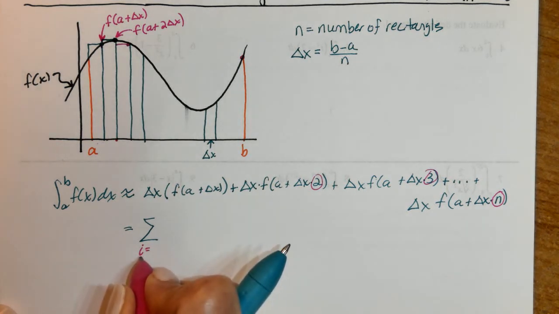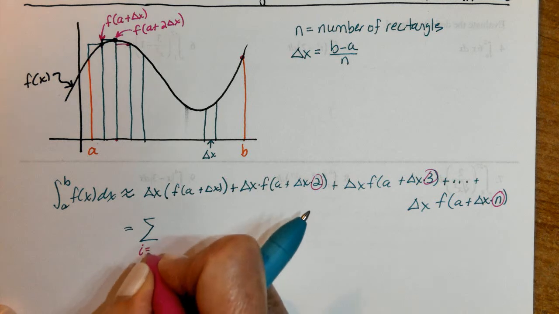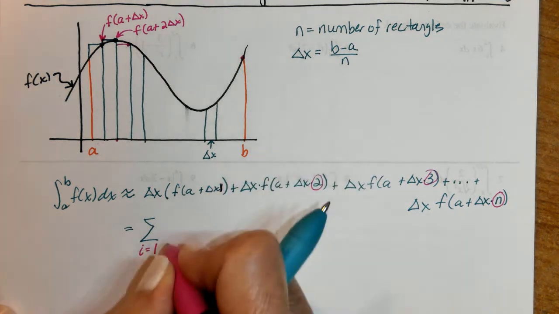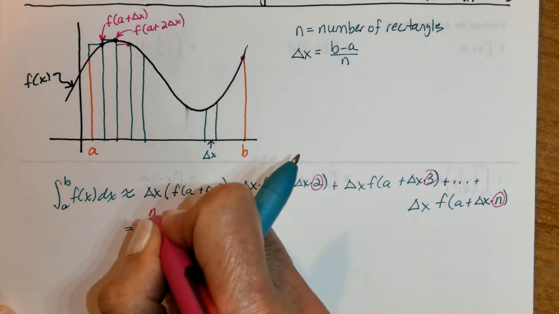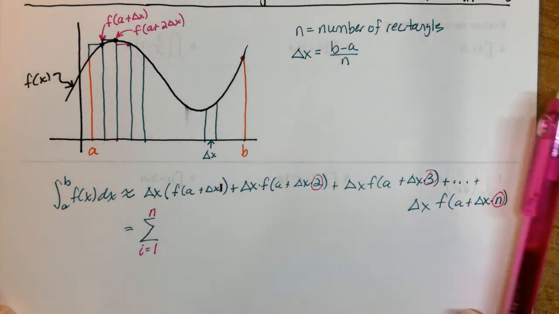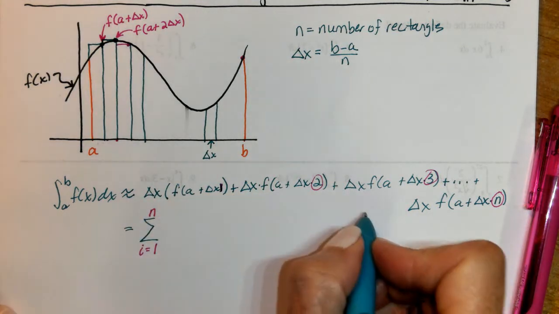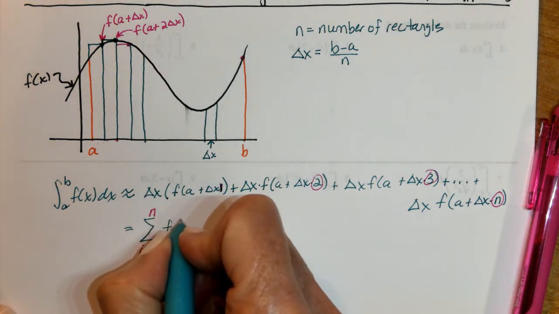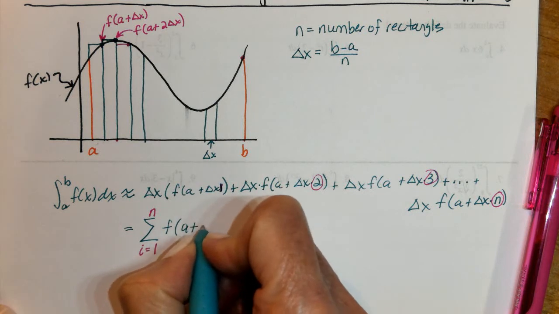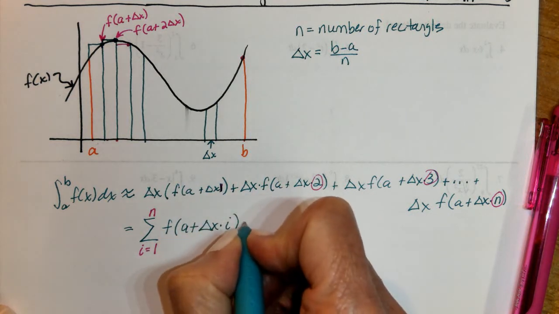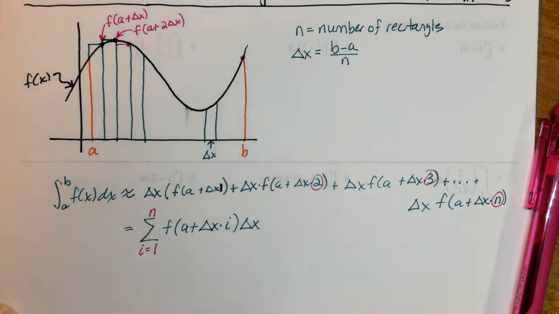I could use k, j, those are common counters, but I'm going from 1, this one was 1 here, and I'm going to go all the way up to n, right? Delta x, I think I'm going to put delta x in the back. I'm going to write the function first, f of a plus delta x times i, times delta x, right?